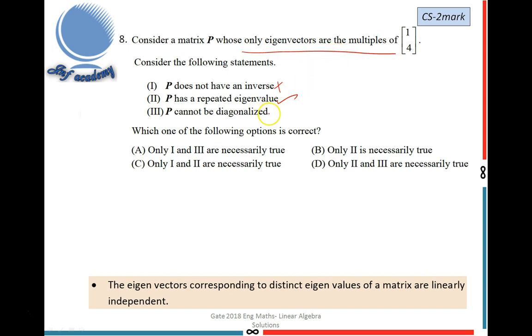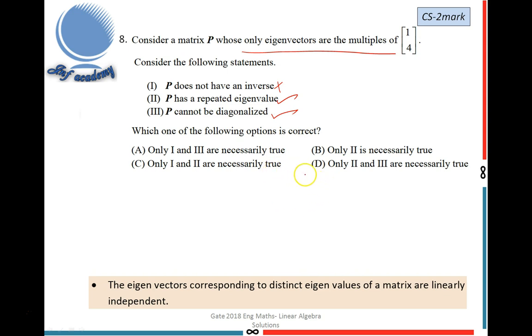So particularly P cannot be diagonalized. It is a true statement. This concept belongs to the diagonalization topic. I will explain that concept in that particular video. So the second and third statements are correct, true statements.